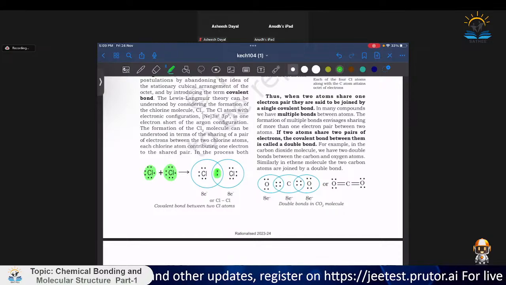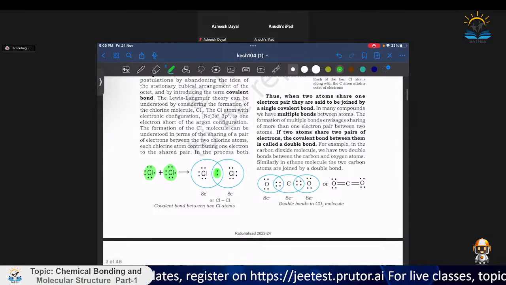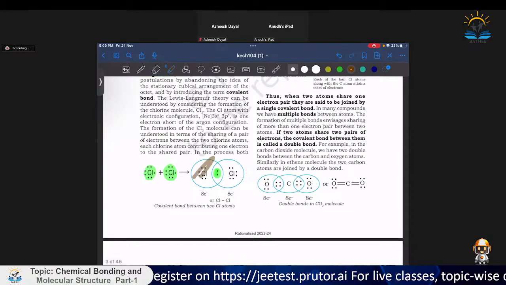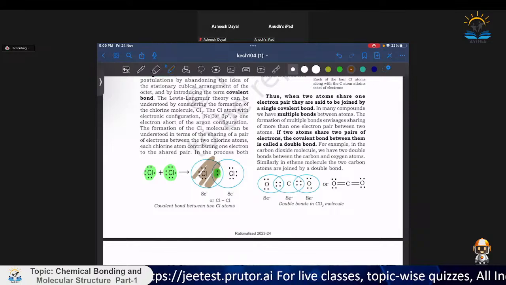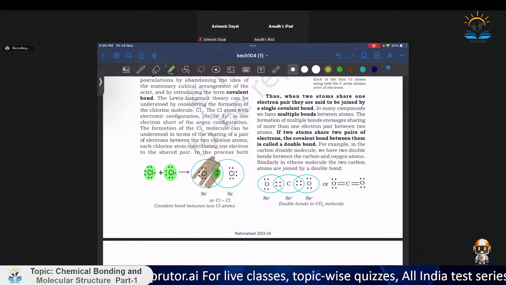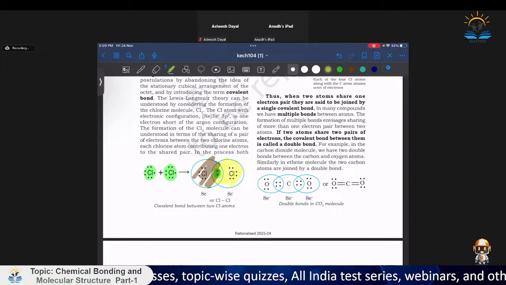which are being shared. So we can see that in the first circle, which I'm drawing with the brown, how many electrons are there with the chlorine? We have 8 electrons. Similarly, let's see the second circle, which I'm drawing with yellow. We again have 8 electrons with the chlorine, the green part being common to both.